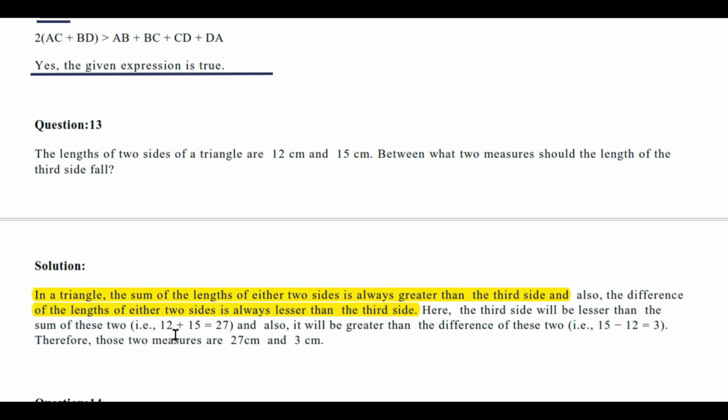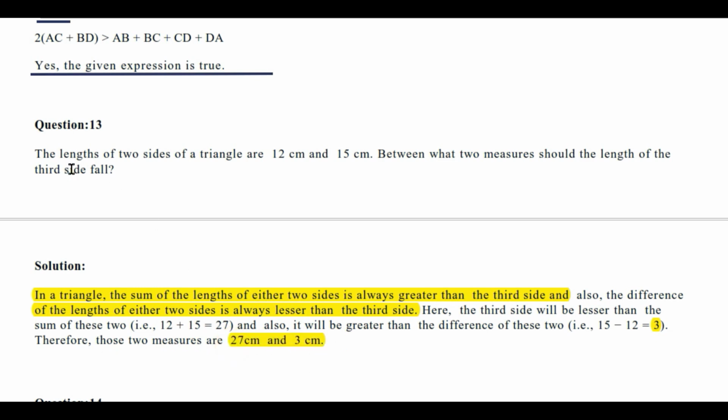So in the first case, what we will do? We will do addition, which is 27. In the second case, we will subtract, which is equal to 3. Therefore, the two measures are 27 and 3 centimeters.